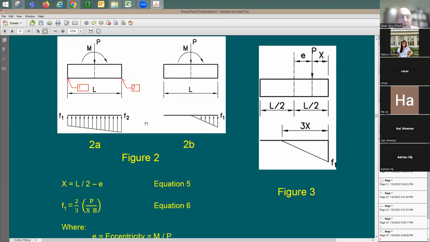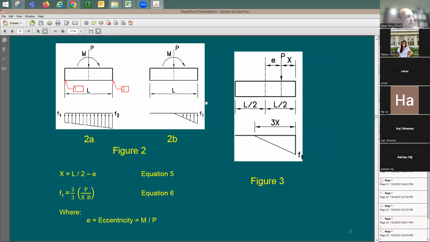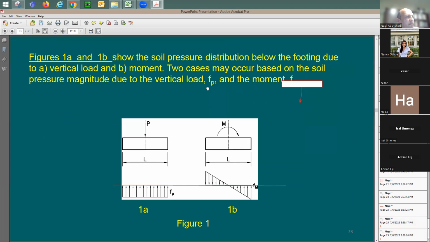How can I find out the stress at point 1 and 2? Here's point 1 and point 2. Same footing, because actually this gave me 1 footing. I don't have 2 footings, just 1 footing.